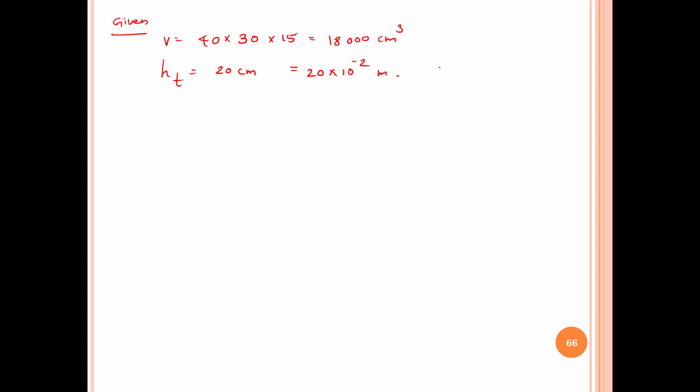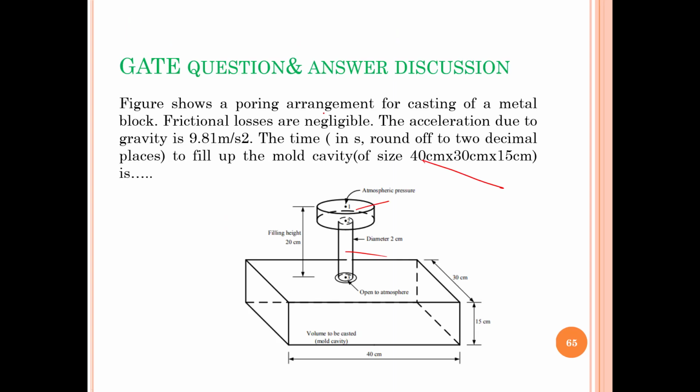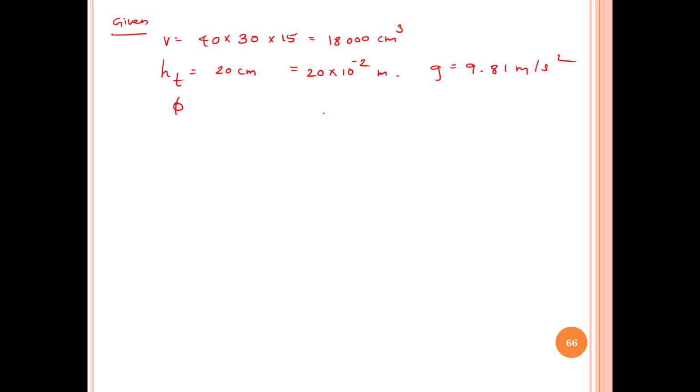Then g is given as 9.81 meter per second square. Then the diameter of the sprue is given as 2 centimeter.